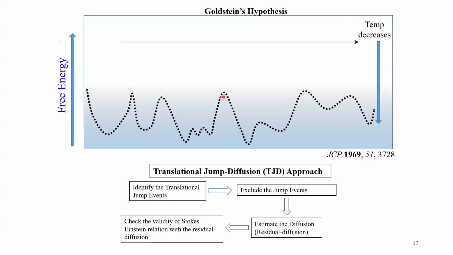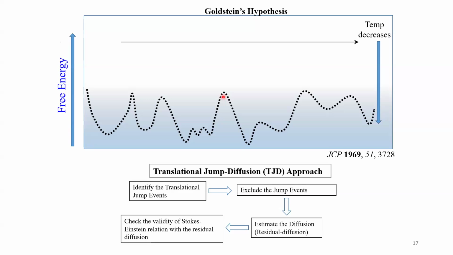For that, what we have to do? We have to calculate the jump contributed diffusion. And how can we do that? So first thing is, you have to analyze trajectory by trajectory for each molecule, and you have to identify which are the jump effects. What are the jumps? For that, you have to define the jumps. Once you can characterize, define and count the jumps, you can exclude them from your raw trajectory.